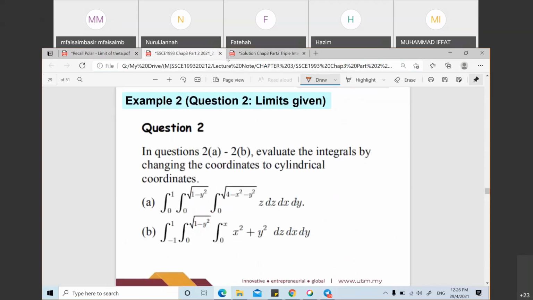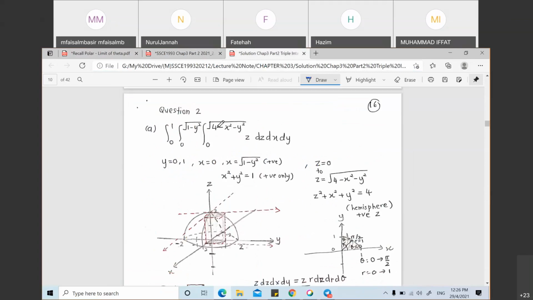Same as the first question, but this is something like a hemisphere with radius 2. This is a circle, right? A circle relates to a cylinder, so you have a sphere and a cylinder.